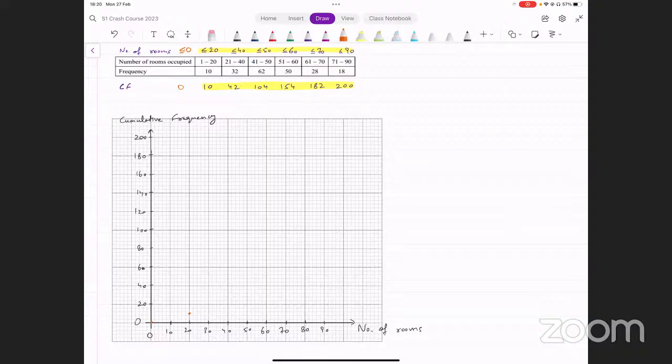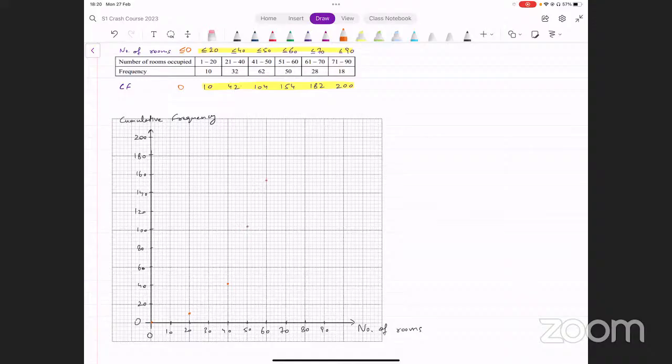At 40, you have 42. So that will be somewhere around here. And then at 50, you have 104. And that point will be here. At 60, you have 154. 150, so that's going to be somewhere around here.